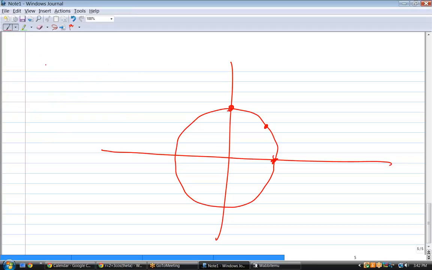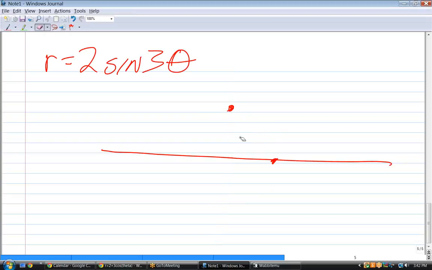r equals 2 sine 3 theta. What kind of curve is that? That's going to be a rose curve. It's going to have 3 petals. And the first petal is not going to be on the x-axis.